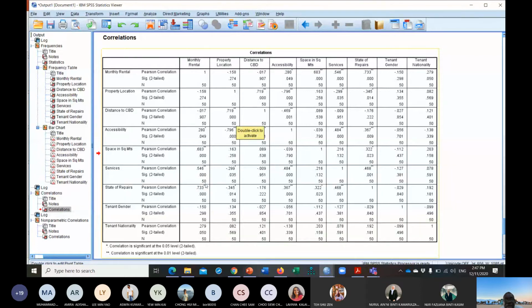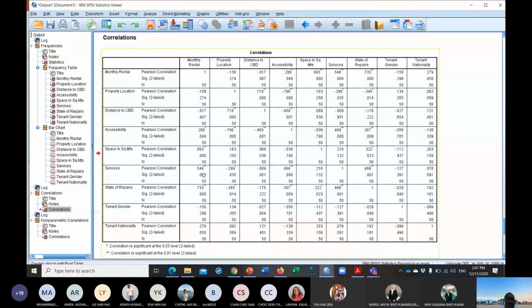This is telling us the better the services in a place, the higher the rental you pay, which I think is expected theoretically. If you have enough services wherever you are staying, then you are going to pay more.